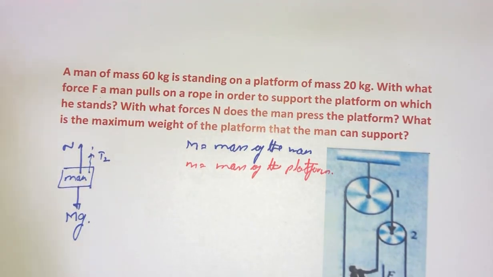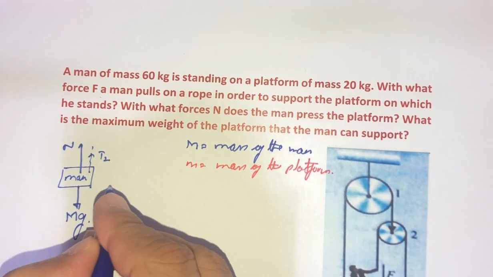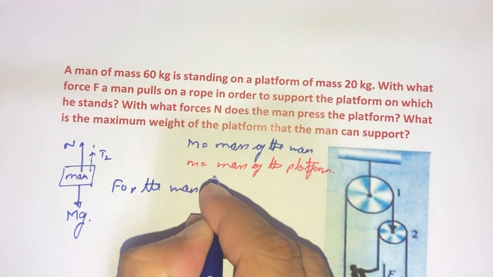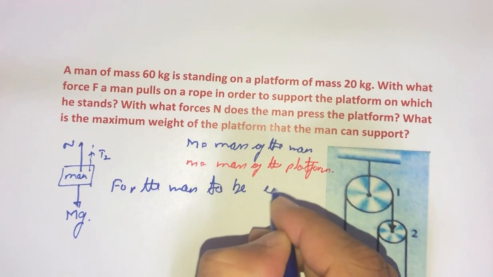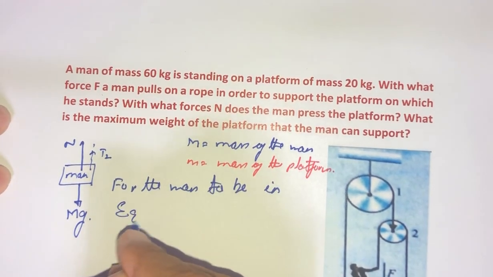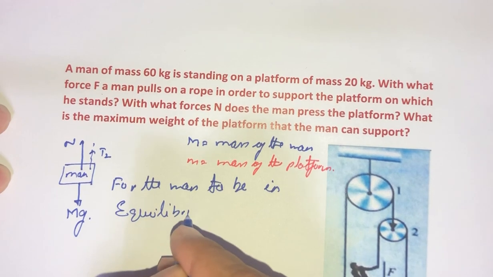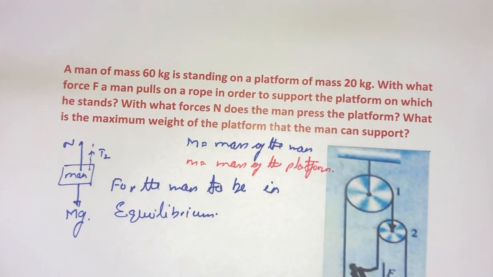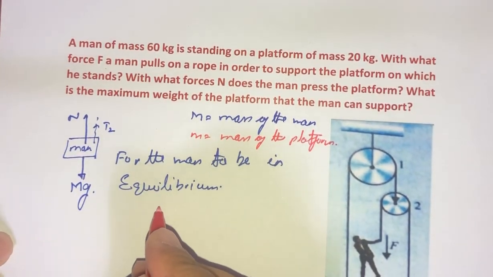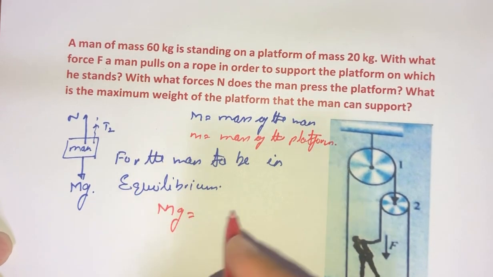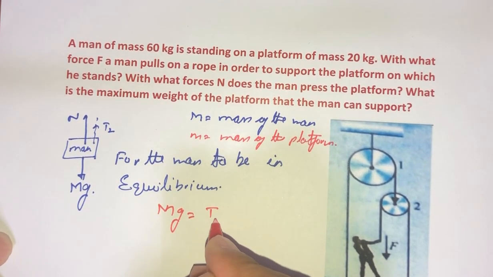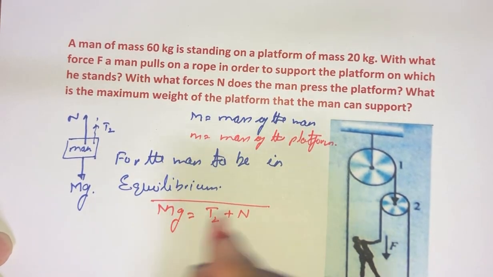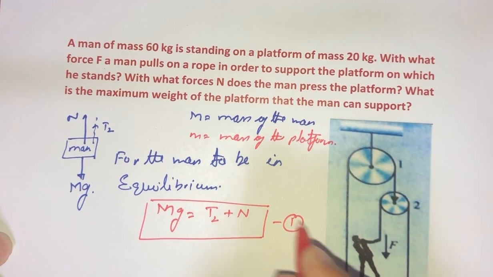So for the man to be in equilibrium, the force exerted downward, that is mg, will be equal to the tension force T2 in the upward direction plus normal. So let this be equation number 1.